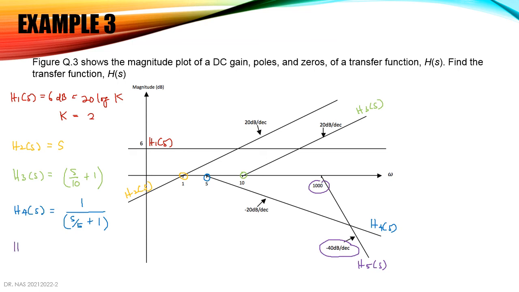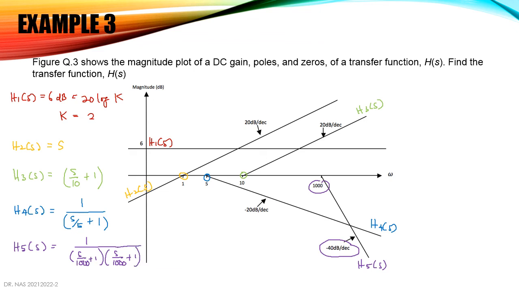Therefore, H5(s) equal to 1 over (s over 1000 plus 1) squared.